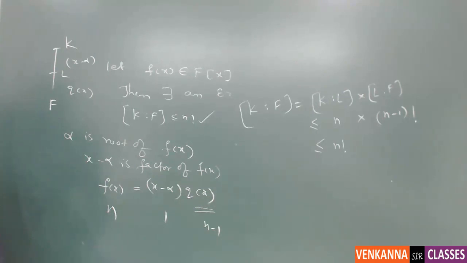So by combining these two, I will get n into n minus 1 factorial, nothing but n factorial. This proves the result. Okay, so please take a note of that.